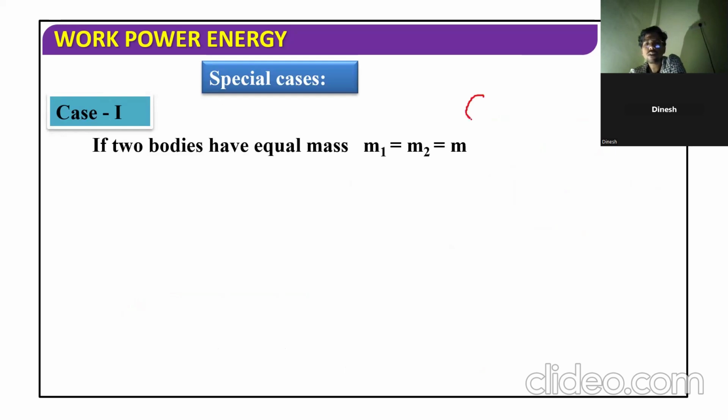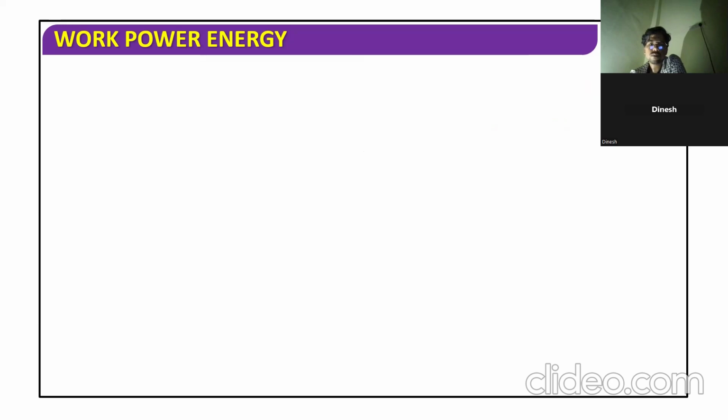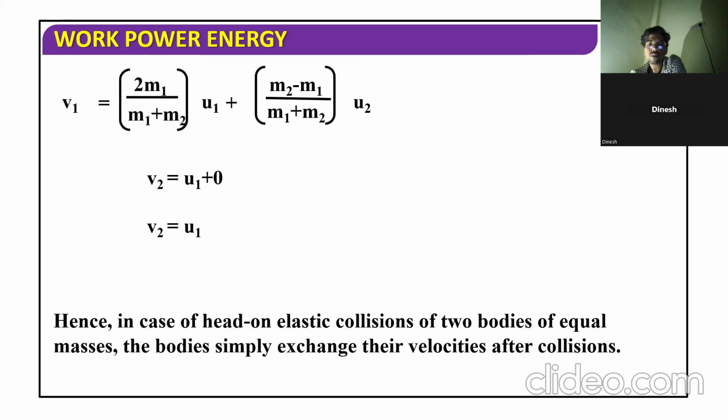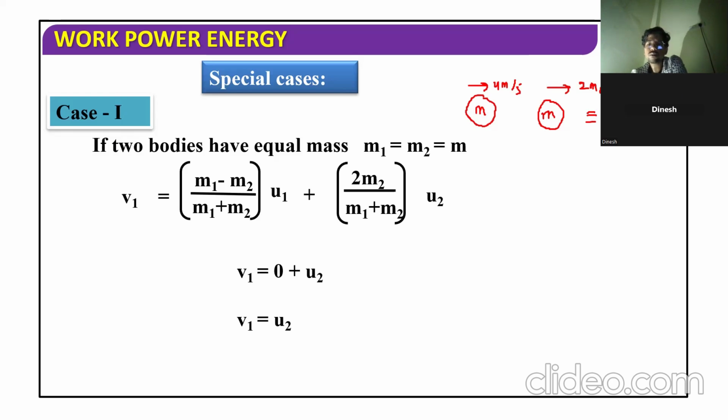Meaning, if this object has mass m and this object has mass m, and one is moving with 4 meter per second and the other with 2 meter per second, after elastic collision the velocities exchange: v1 equals u2 and v2 equals u1.